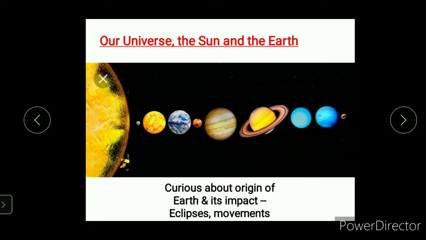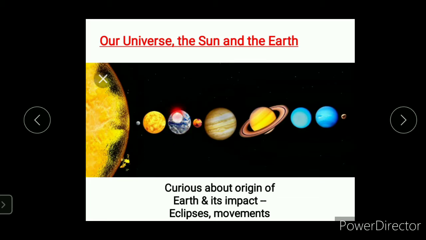the earth. So, what do you see here? It is our solar system, right? In that, there is one blue planet in which water is there. That is our Earth. I am pointing at it.